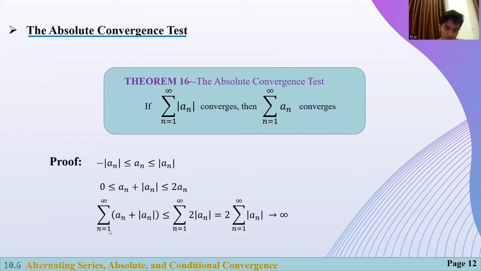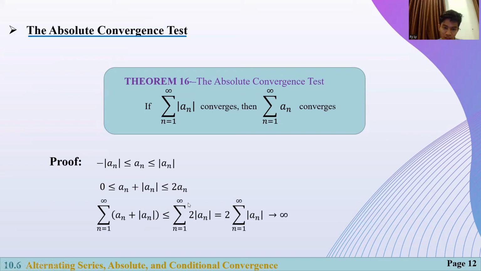So the sum from n equals 1 to infinity of a sub n plus absolute a sub n is less than or equal to the sum from n equals 1 to infinity of 2 absolute a sub n. In this case, we can use the comparison test.